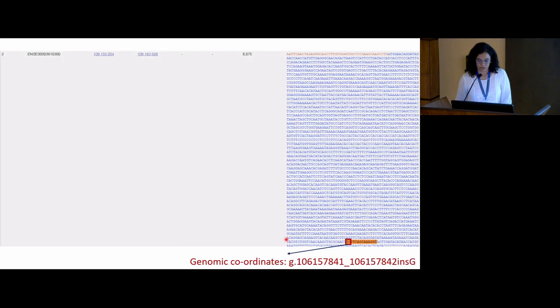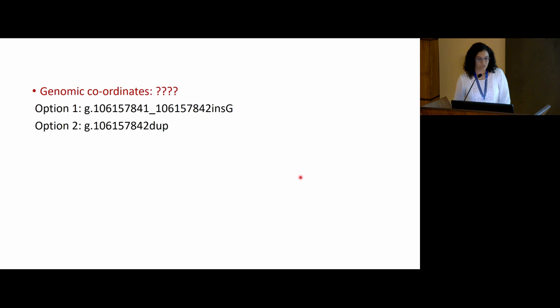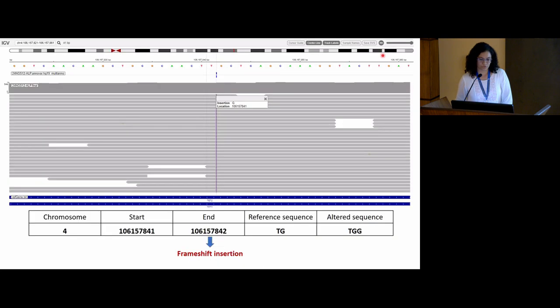When we map this to Ensembl, again we see that this is the genomic coordinate, which corresponds to 106157841 to 842 insertion G. Now my question to you all is, which one of these options is correct when we do HGVS nomenclature? Is it option 1 with insertion G, or is it a duplication? I'll show you the IGV again.